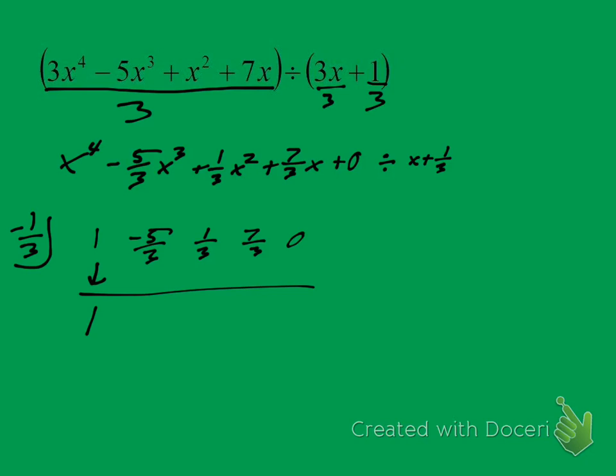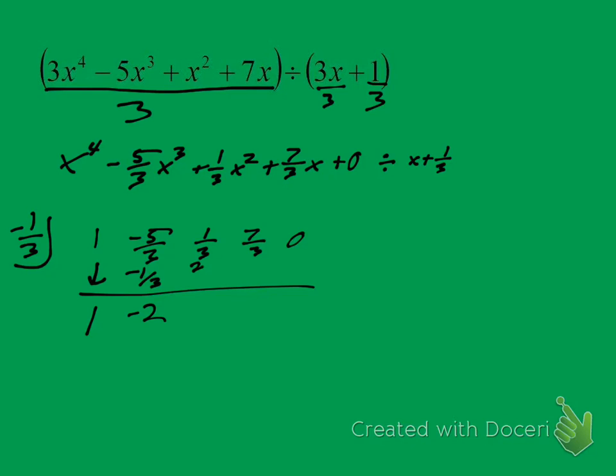Bring one down. What's negative 5/3 plus negative 1/3? Negative 2. Okay. Negative 2 times negative 1/3 is 2/3, right?